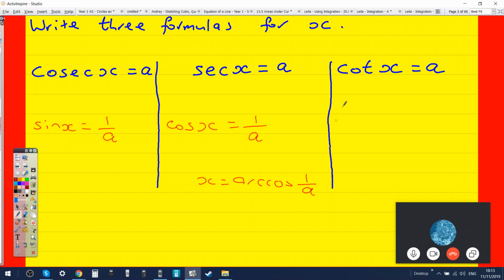And then the last one is x equals arc cot 1 over a. Arc what, sorry? Arc cot tan. Yes, that's it. And so the easy way of doing these is to just say that it's equal to the reciprocal of the thing that's on the other side.